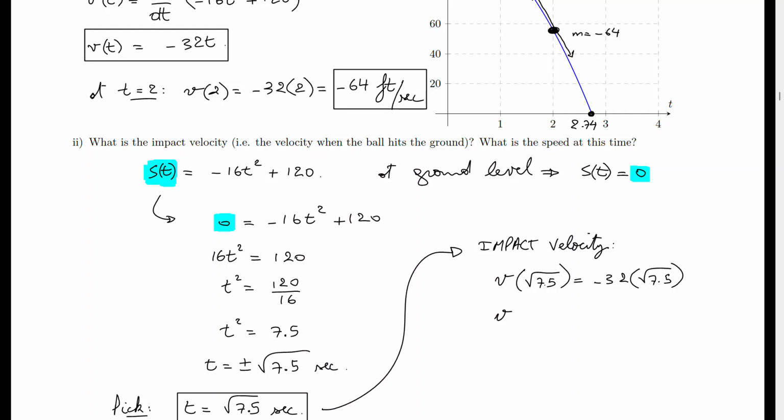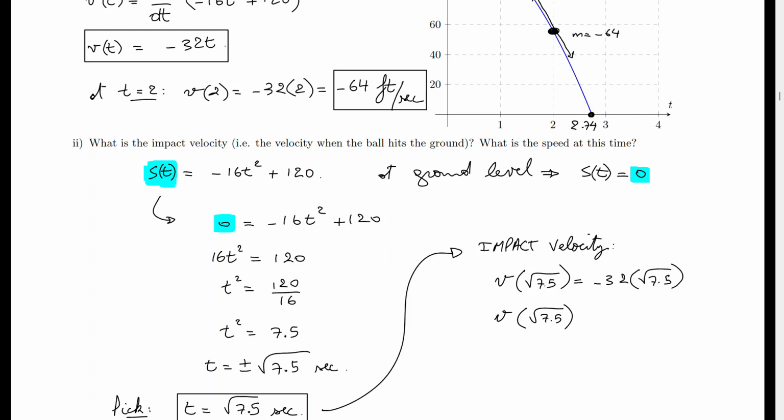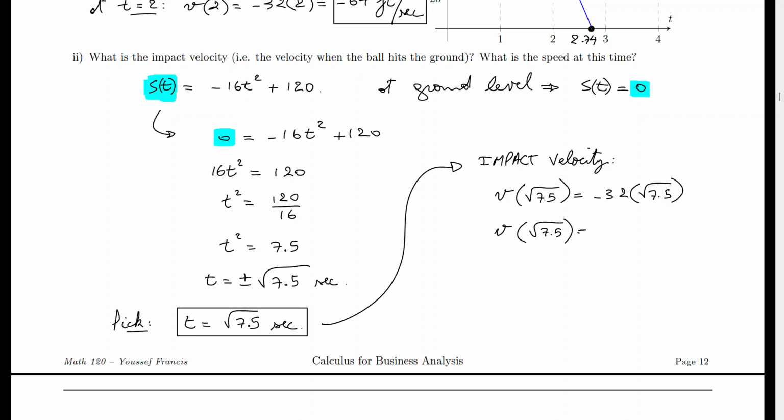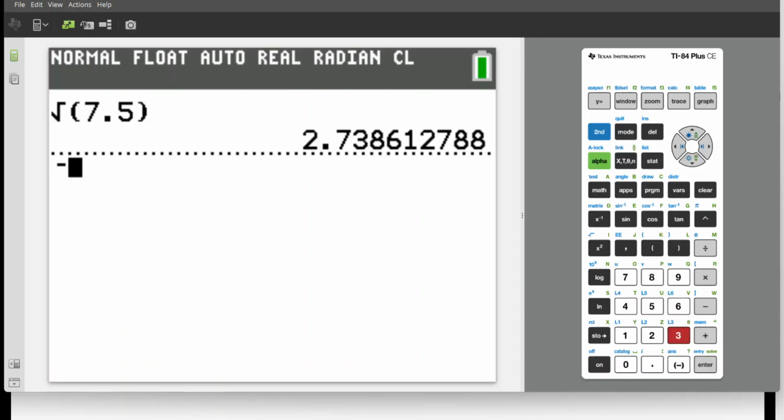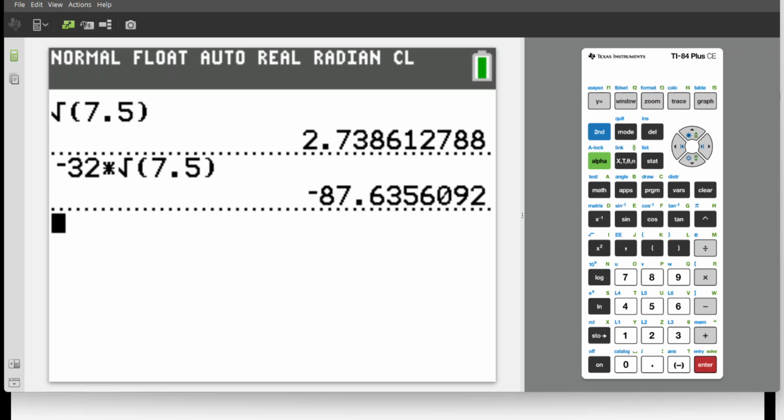So the velocity at this impact moment is going to be, roughly speaking, let's put it in our calculator and see what the value is. So negative 32 times the square root of 7.5 is about negative 87.64, since we're rounding to two decimal places.